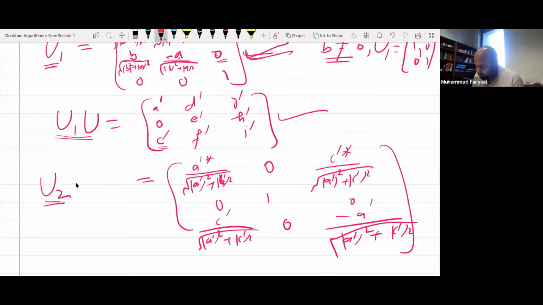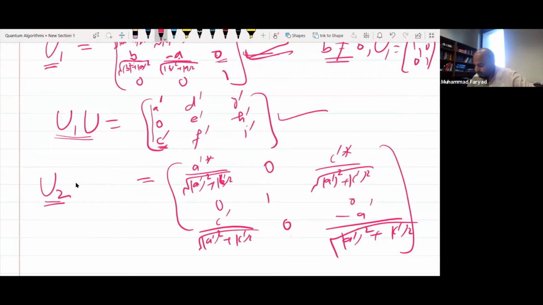Now you see, I wanted to get a 0 here at the location of C prime, which means that my last row should be such that when I multiply it with the first column A prime, 0, C prime, I should get a 0.